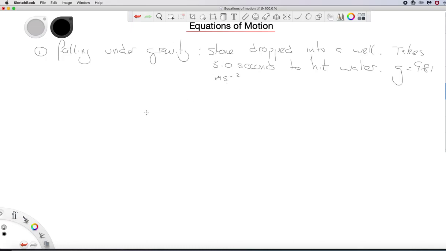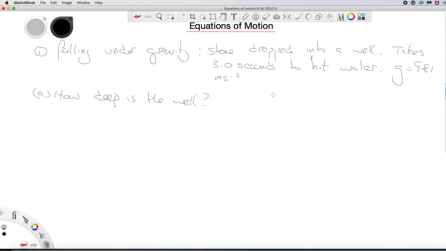And let's work out, to start with, how deep is the well? By which I mean how far is it to the water?